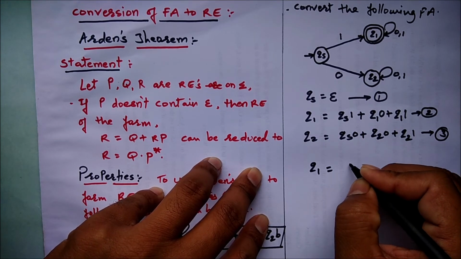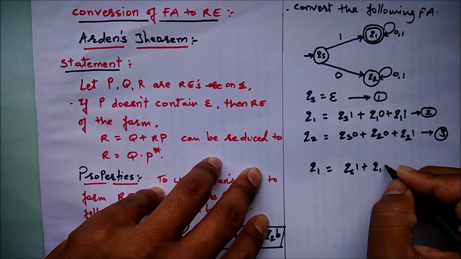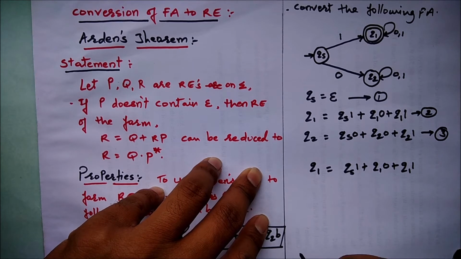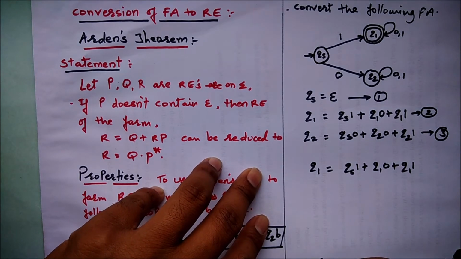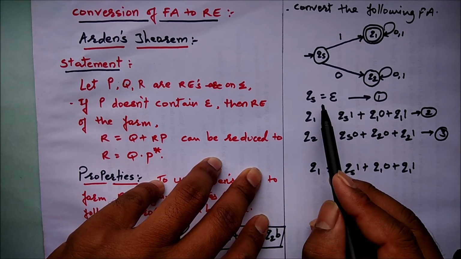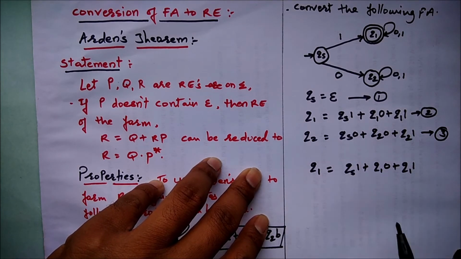Q1 is equal to QS1 plus Q1 0 plus Q1 1. So now what I can do, one thing here is I can replace the value of QS, right? So we know from equation number 1, QS is epsilon.